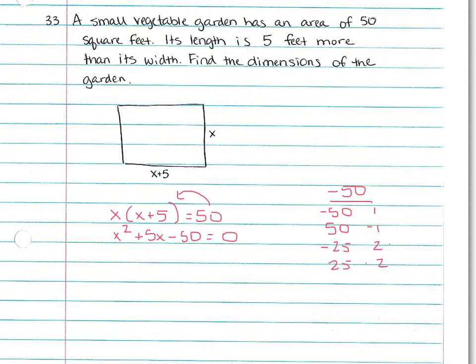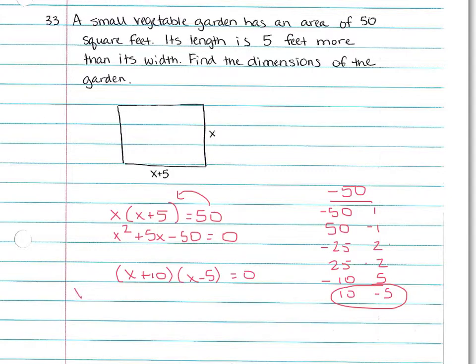4 is not a factor of 50. 5 is, though. We have negative 10 and 5, or 10 and negative 5. We're looking for the positive 5. This one will give us a positive 5. So we have x plus 10 times x minus 5.